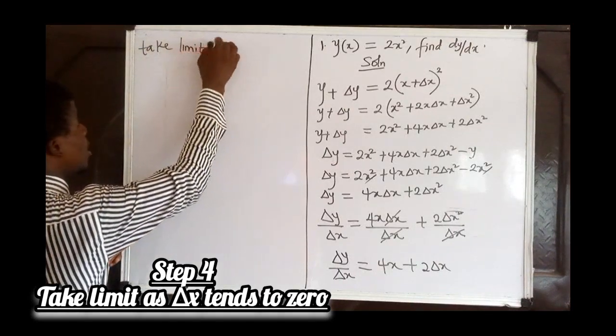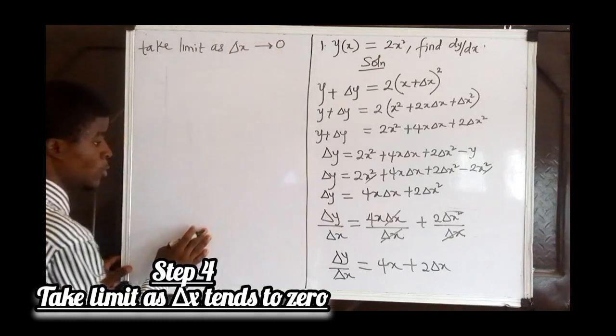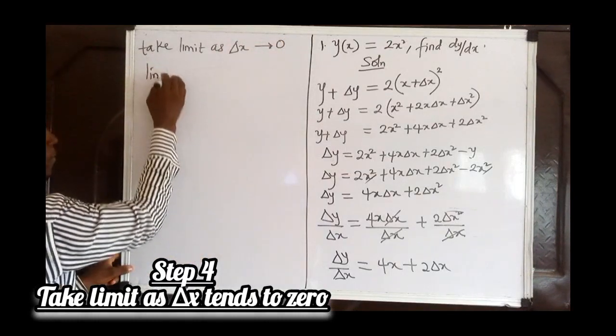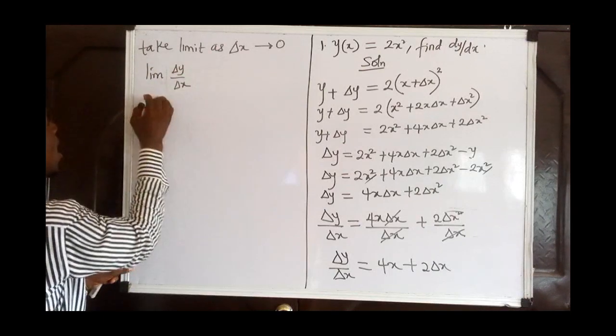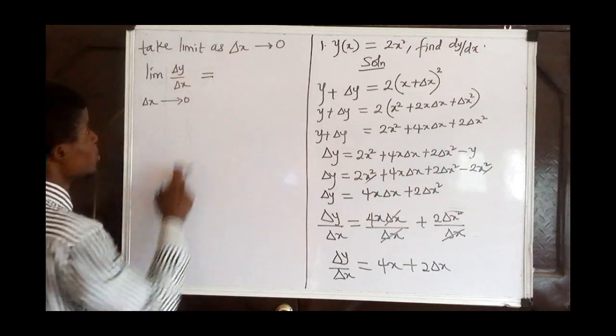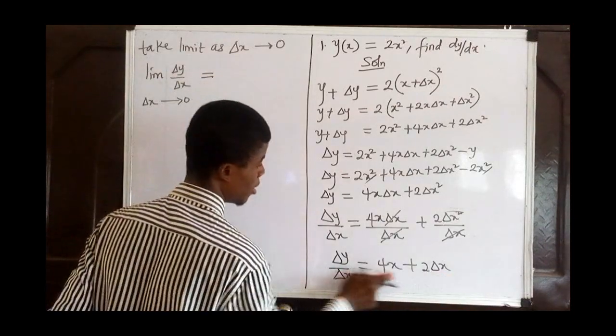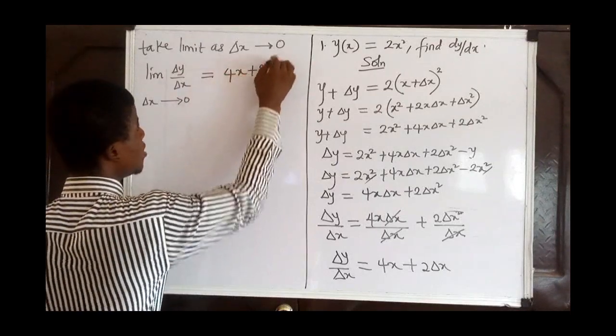So we are now going to take the limit as delta x approaches or tends to 0. So the limit of delta y over delta x as delta x approaches 0 is, I will substitute 0 for delta x in this expression. So I have 4x plus 2 times 0.